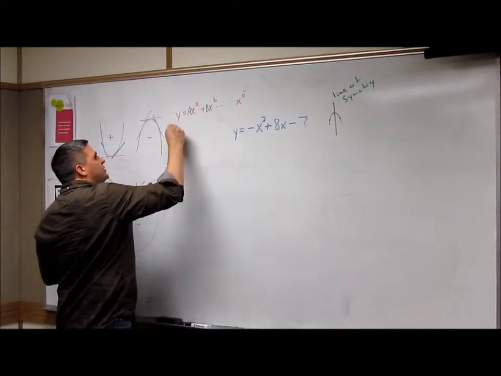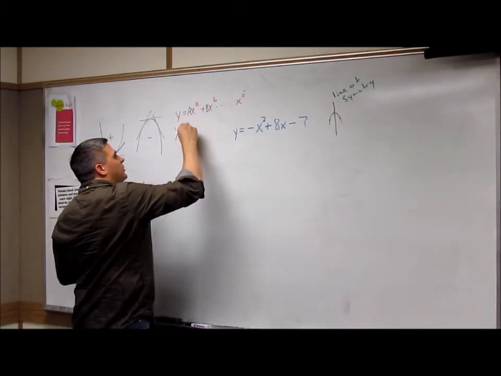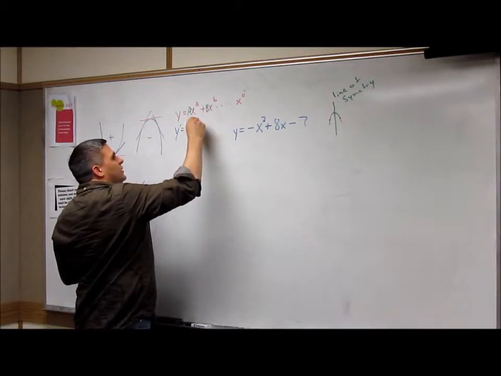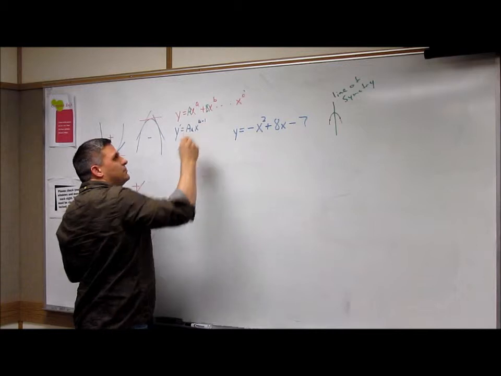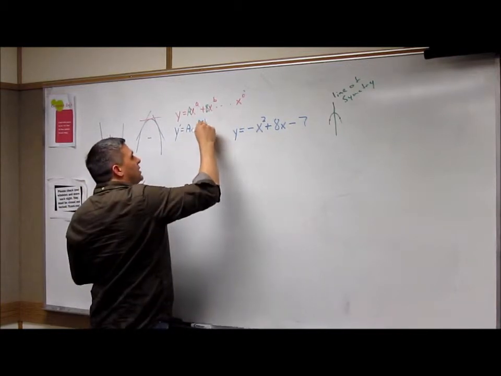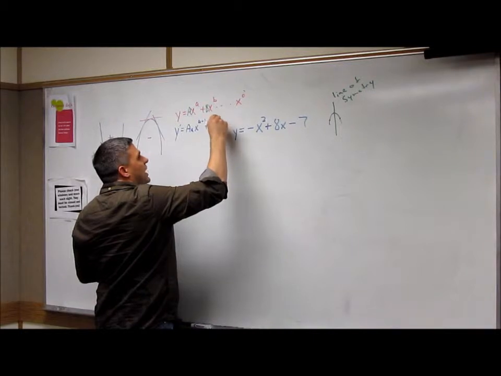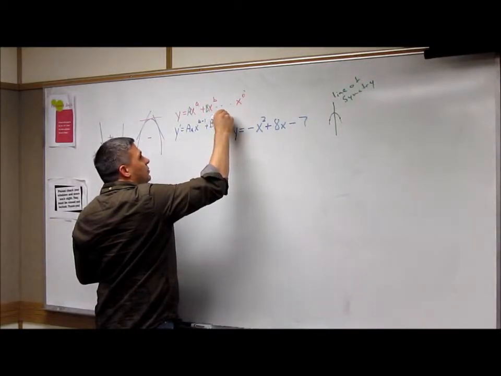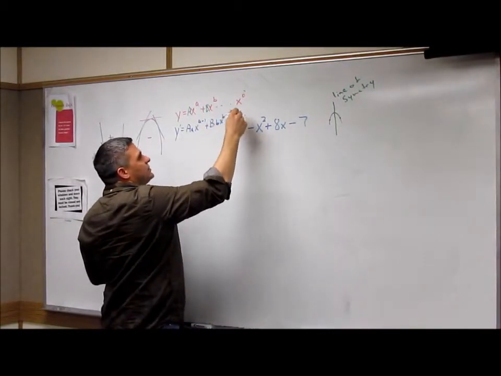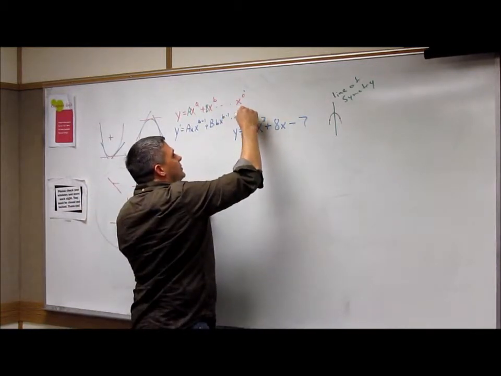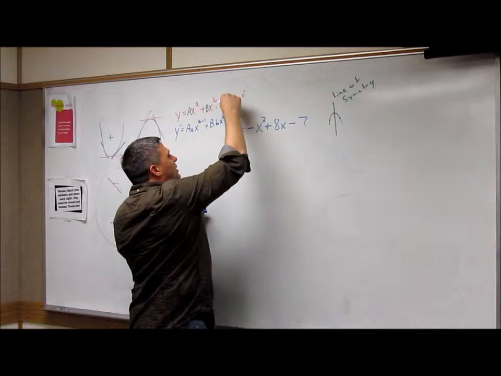So your first derivative is going to equal A times little a times x to the a minus 1, plus B times little b times x to the b minus 1. And so on and so on. And then at the end you'll have some number out in front of x.